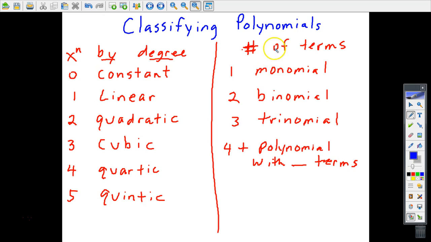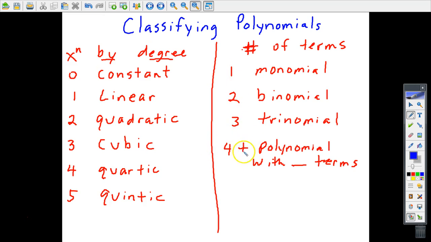The second column helps us to identify the second part of the classification, which is how many terms are involved. Obviously if there's only one term, we call that a monomial, 2 terms a binomial, and so forth. We have specific single-word ways of classifying polynomials for the first 3, terms 1, 2, and 3.